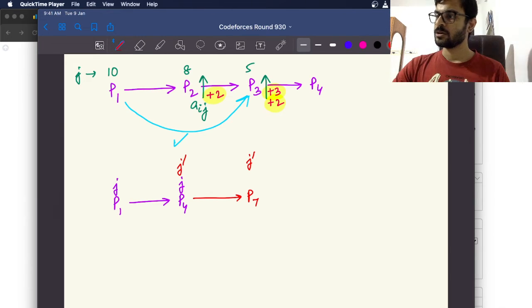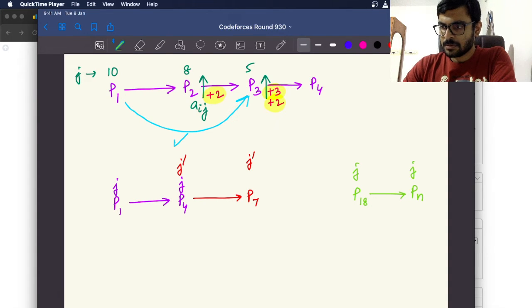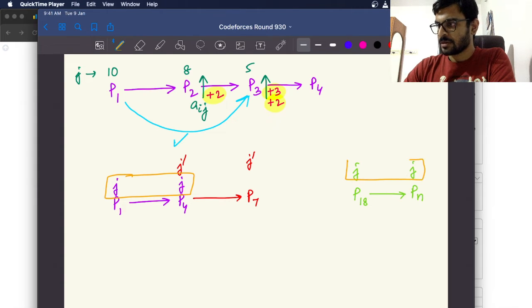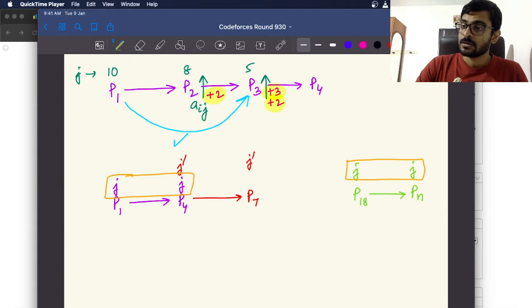An interesting thing now arises: you can ask, if I come to some P18, and before entering into Pn, let's say I want to use J. So this is one J, this is another J. Now the question is, will this situation arrive or not, that I have J optimal over here as well as J optimal over here?